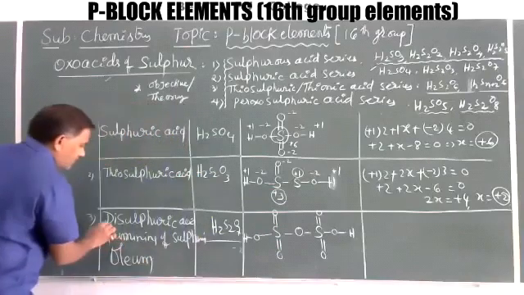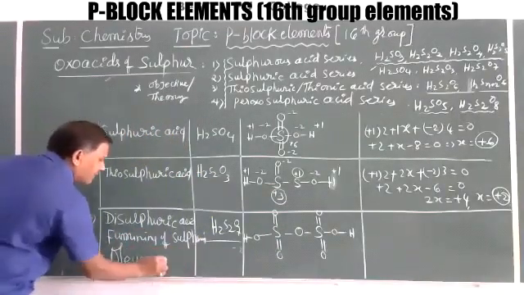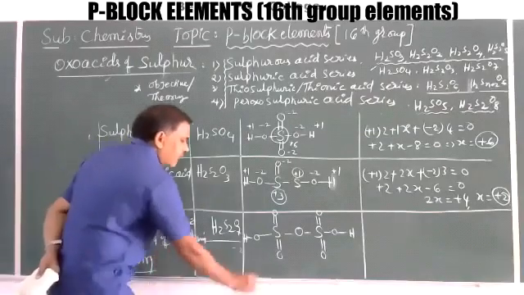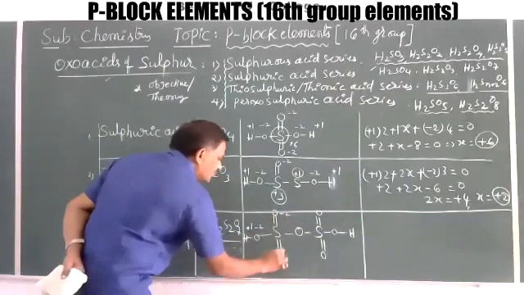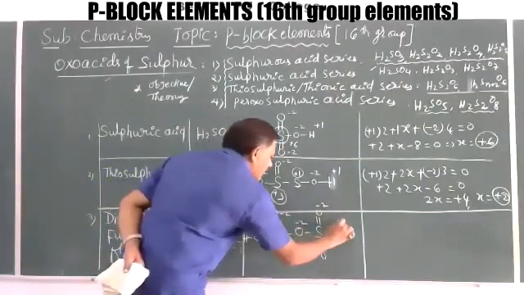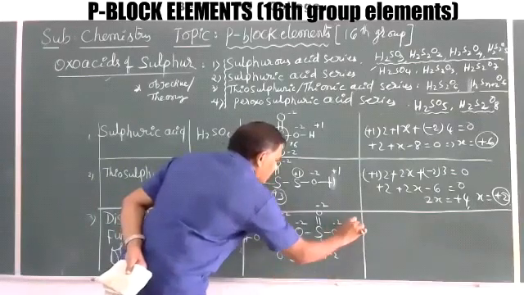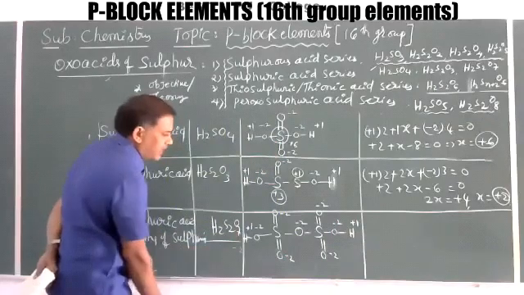This is called disulfuric acid, or fuming sulfuric acid, or oleum. Very very important. Now the hydrogen is plus 1, oxygen minus 2, here minus 2, here minus 2. Each oxygen atom is generally minus 2 oxidation state. It is not a peroxy linkage, it is a general oxide.